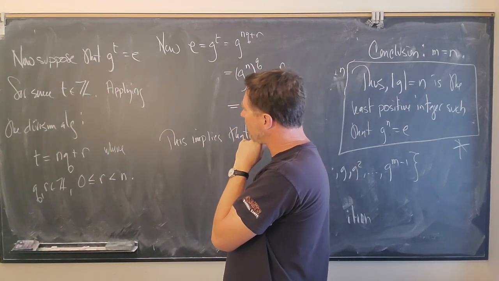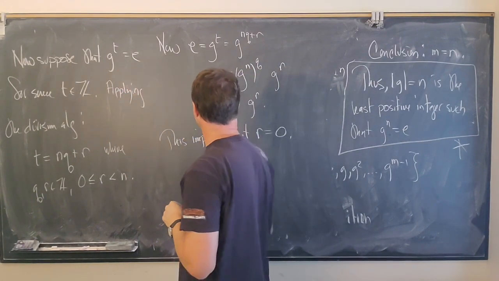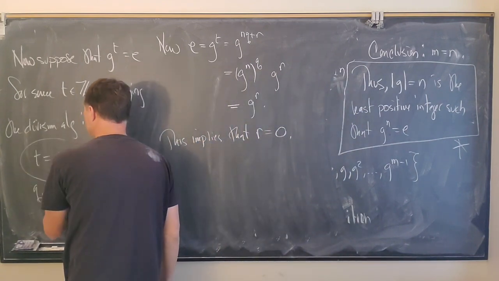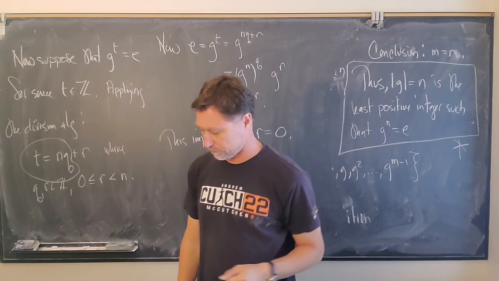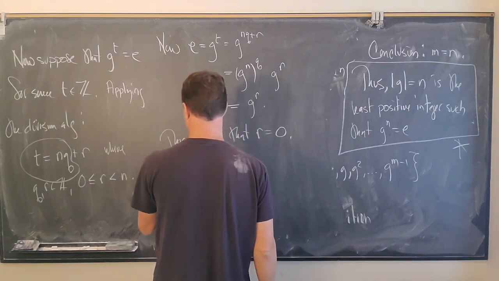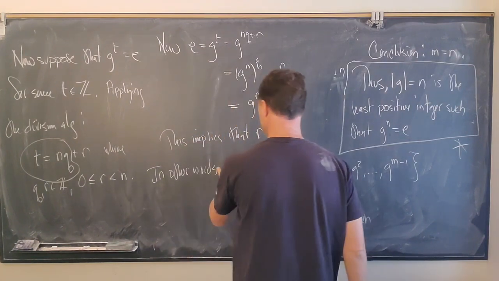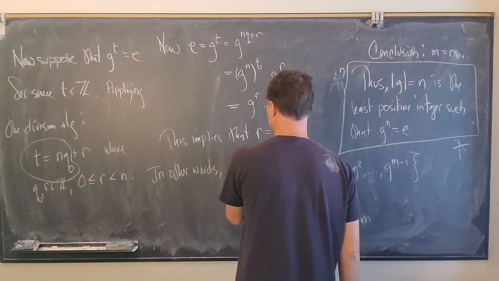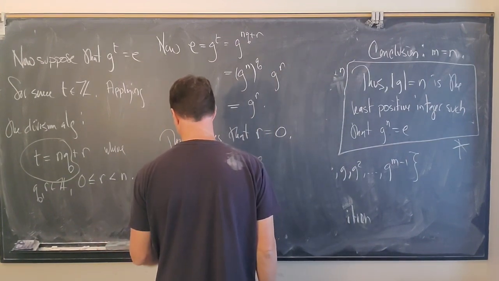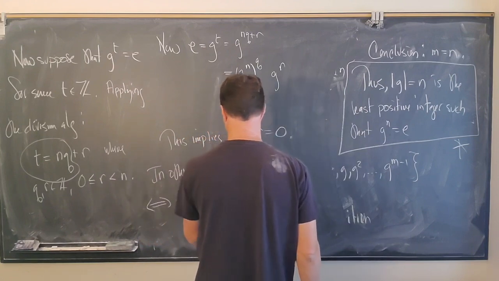Well, we said that g to the t is equal to the identity, and in the end then, what did that force us to conclude? It forced us to conclude that t is a multiple of n. So, in other words, g to the t is equal to the identity if and only if n divides t.